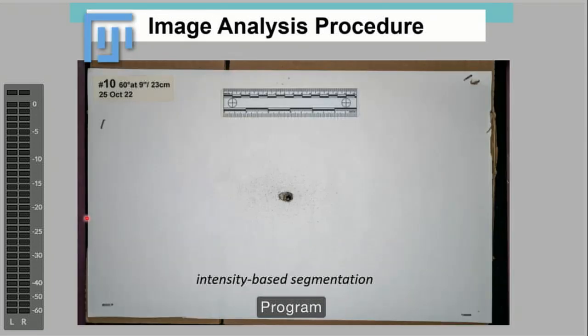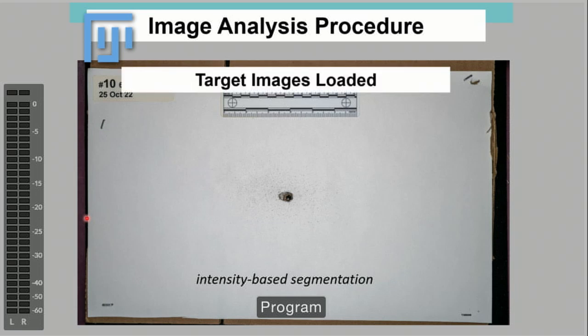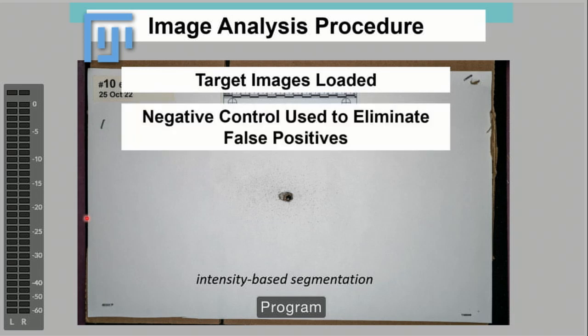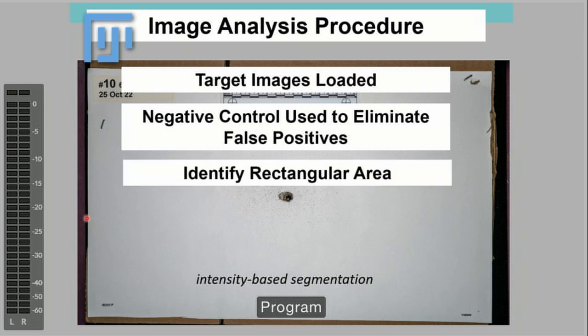So the image analysis procedure is: get the targets, photograph them, load these photographs into ImageJ, and then I use the negative control first to eliminate false positives. I give it a target that's not been shot, has nothing on it, and it should come up as a zero particulate count. Then I know the settings are correct.